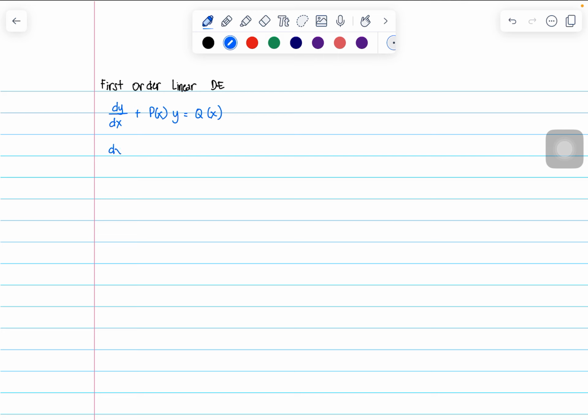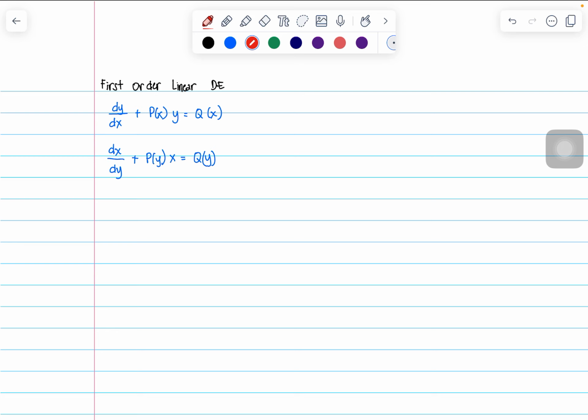So you have these two differential equations in two forms.